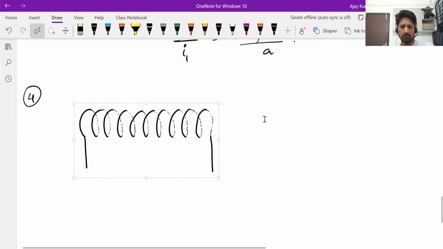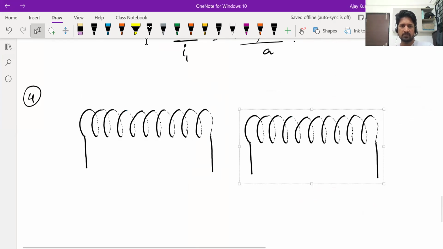Okay, assume this is one. Let's say this is the other one. We'll color it differently. Just a moment. What color shall we take? Okay, green.